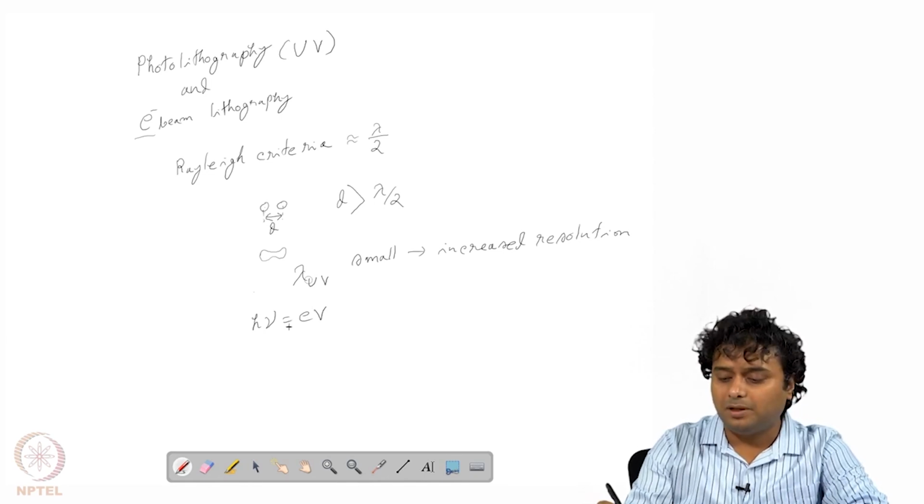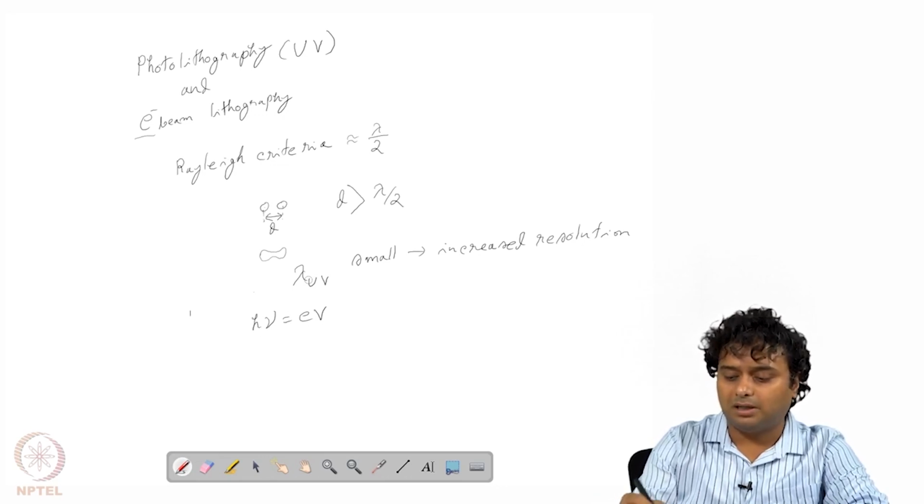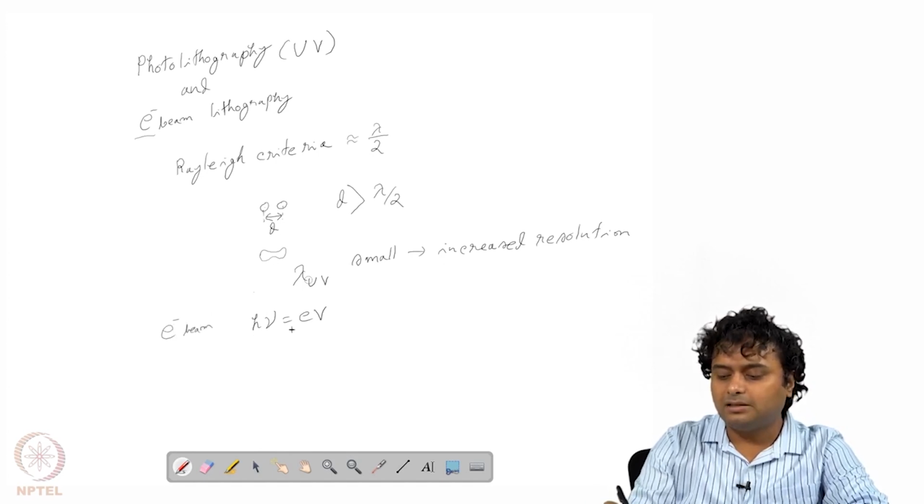Here nu is the frequency of the electron beam and V is the applied voltage, which is usually in some kilovolts, h is Planck's constant and e is the electronic charge.